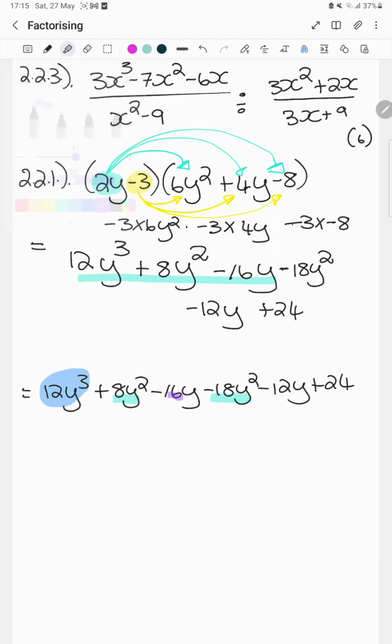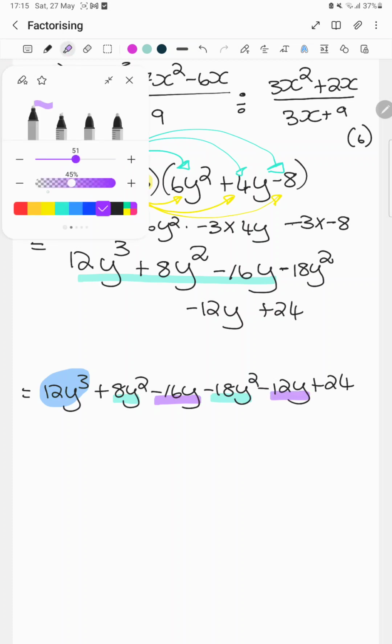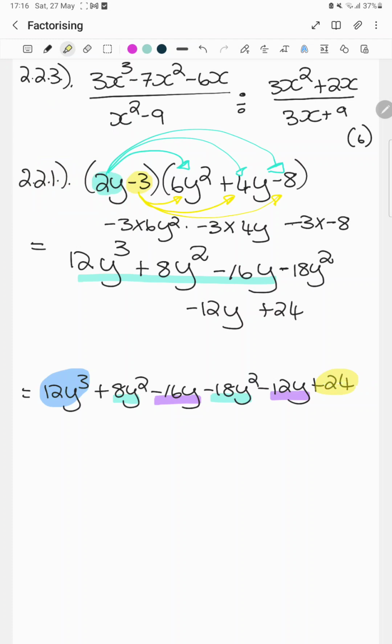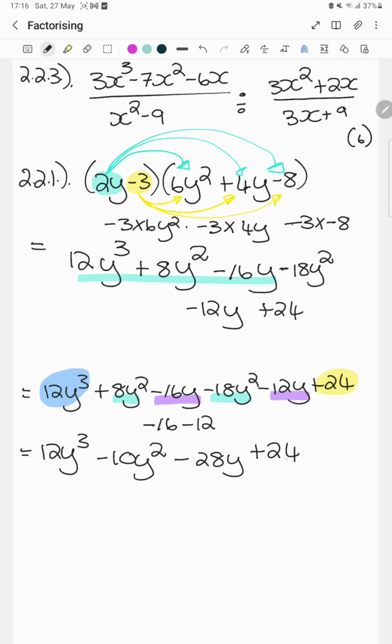All my normal y's, I have minus 16y and minus 12y. And lastly, all my numbers, I only have 24. Putting this together, I get 12y to the power of 3. 8 minus 18 gives me minus 10y squared. Then minus 16 minus 12 becomes minus 28y. And lastly, plus 24. So there's your final answer.